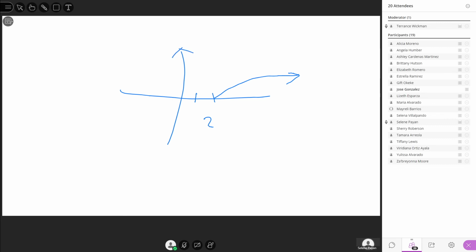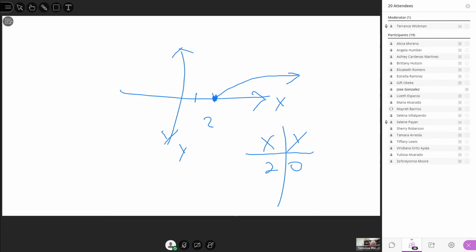Can you see the graph here? Yes. What position is this right here where my dot is? 2, 0. This is your x, and this is your y. So it's 2, 0.